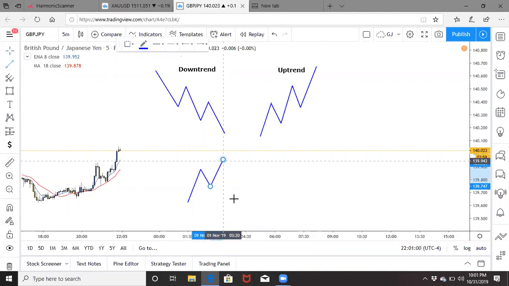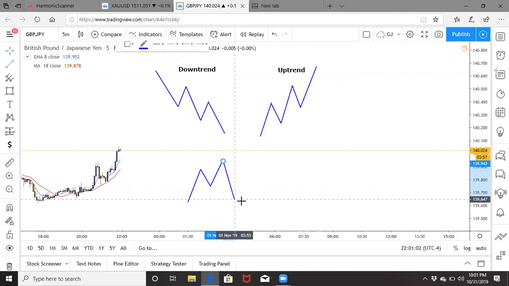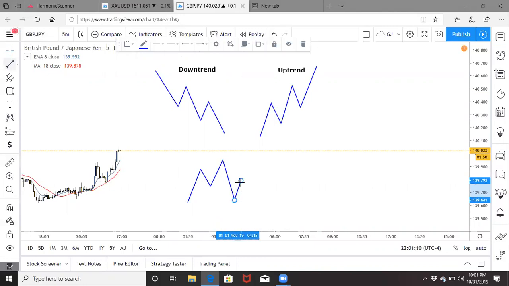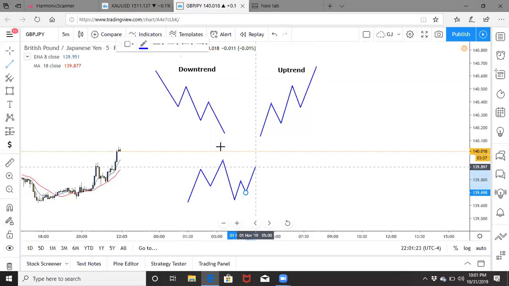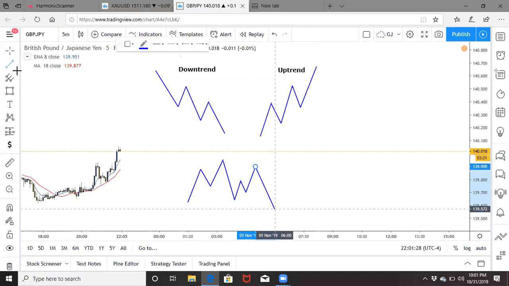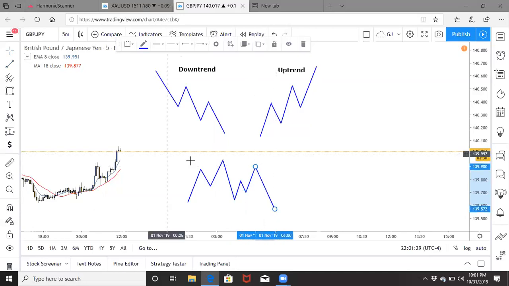They might do this on you, and it'd be all over the place. So as you can see, it'll be stuck in like a little range.